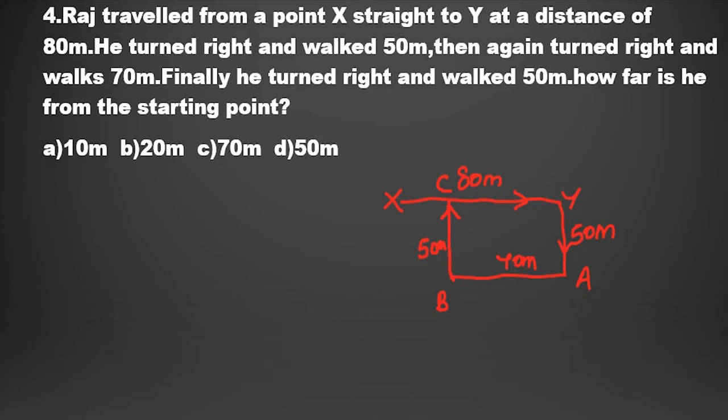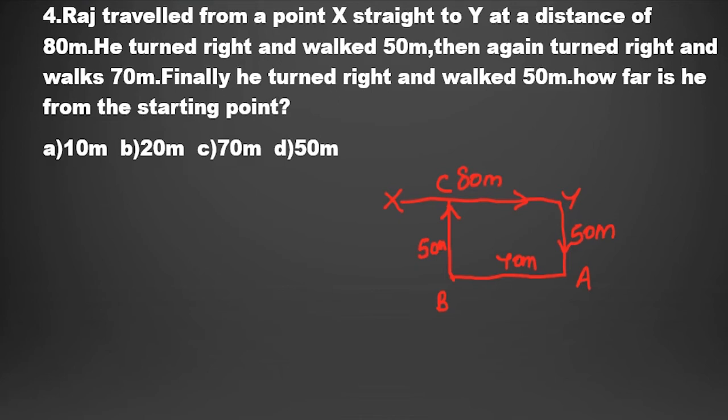We have to find out the distance between X and C. The movements of Raj are from X to Y, 80 meters, then Y to A, 50 meters, and from A to B 70 meters, and then from B to C 50 meters again. And we have to find out the distance XC.